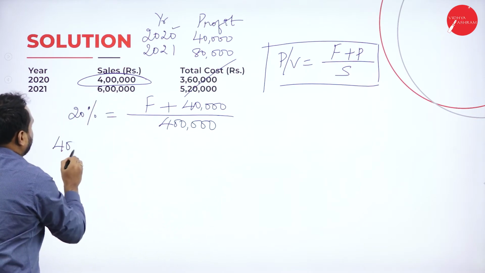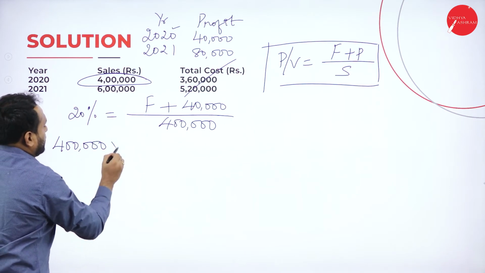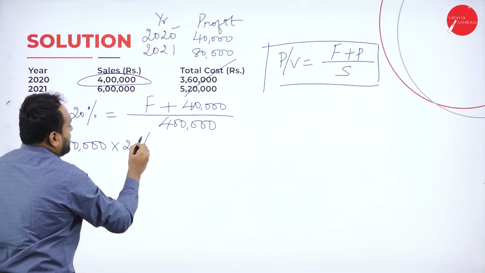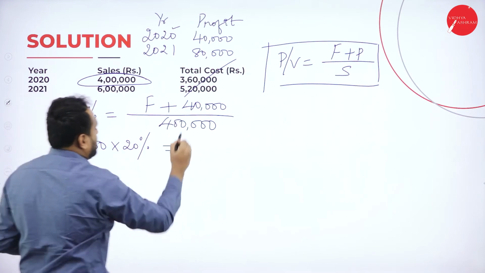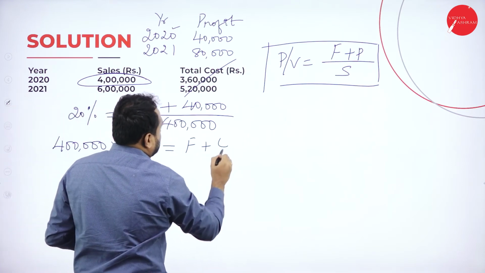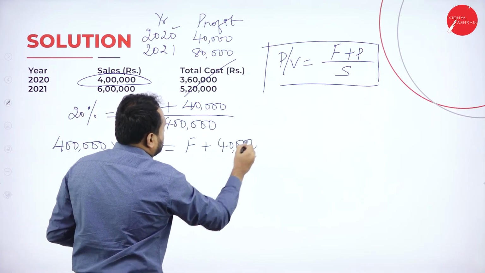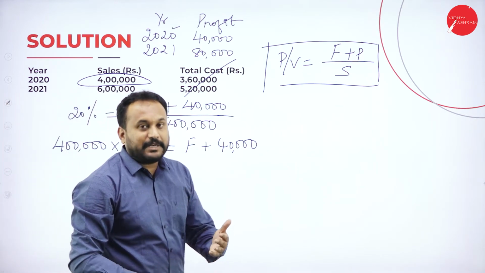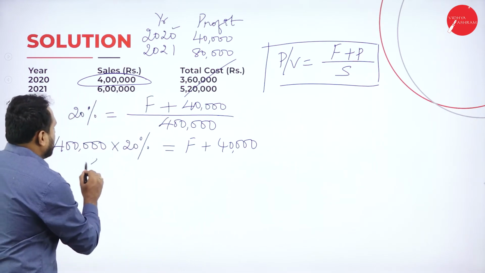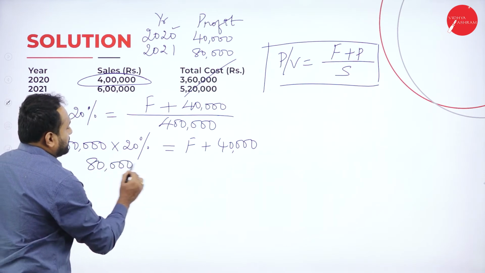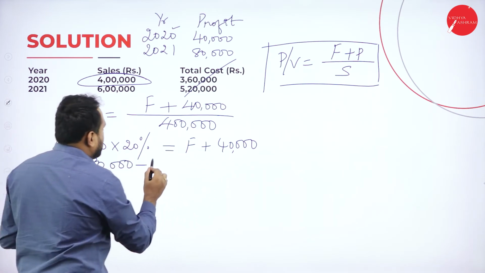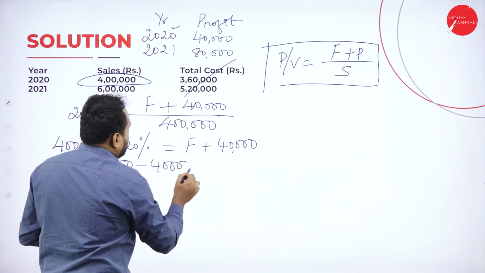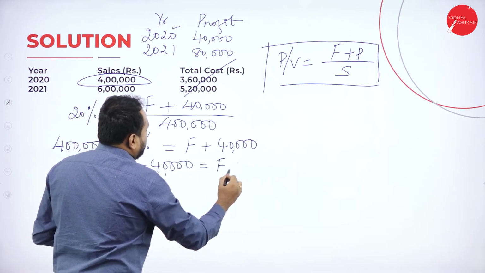It will be 4 lakh into 20% is equal to F plus 40,000. Now 4 lakh into 20%: 4 twos are 8, that means 80,000. Here I'll have 80,000, this 40,000 will come here, minus 40,000 is equal to fixed cost.